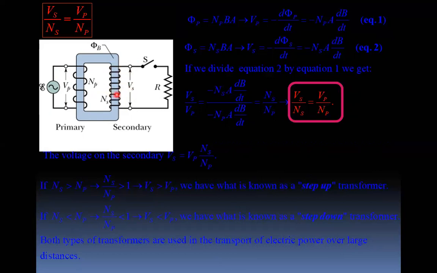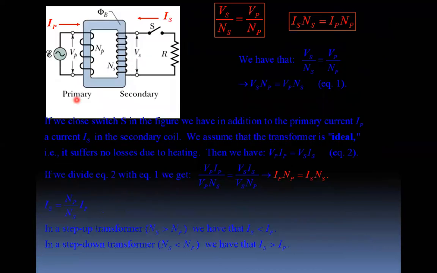Then the number of turns in the secondary should be very small compared to the primary coil. That transformer can be called a step down transformer. So these are the calculations. When Ns is greater than Np, it is called a step up transformer, and when Ns is less than Np, it is called a step down transformer.